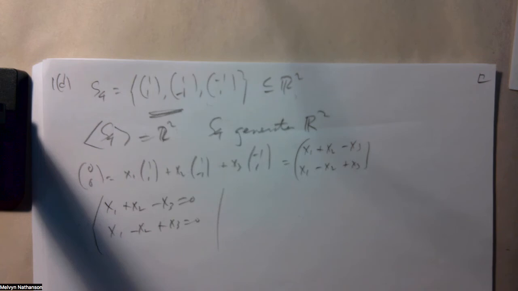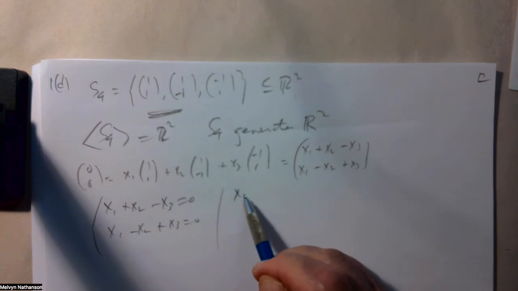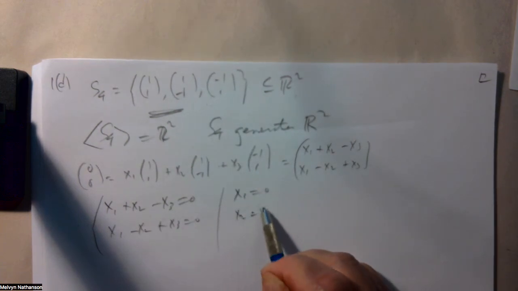What are the solutions of these equations? If I add the equations, of course, I get x1 equals 0, but then it also says x2 equals x3.